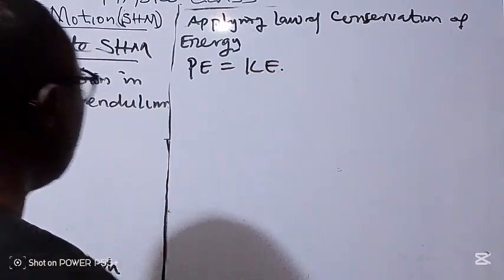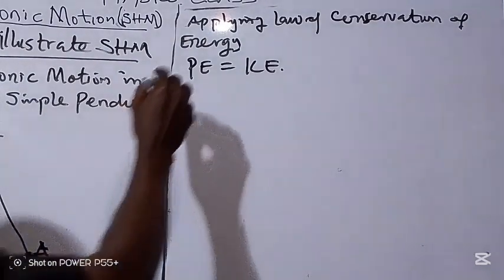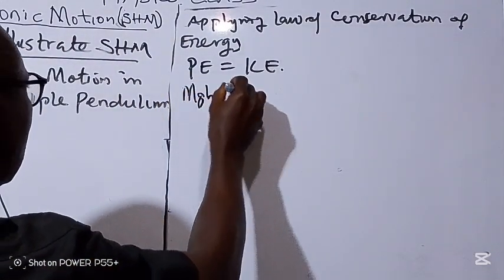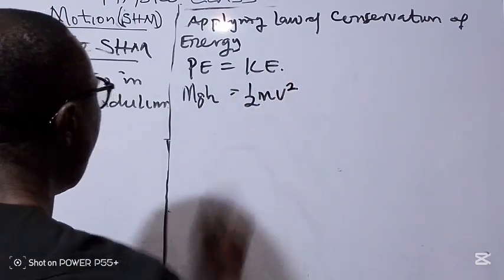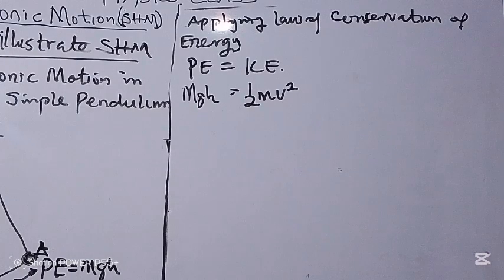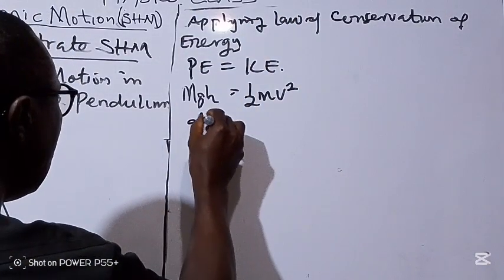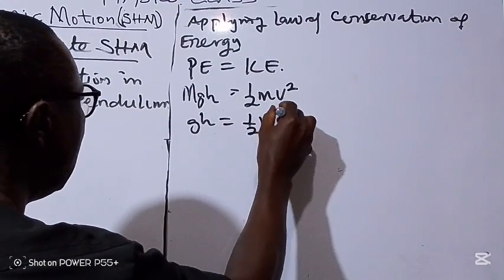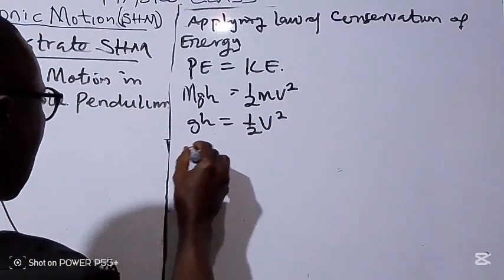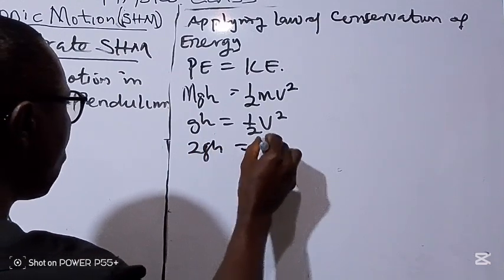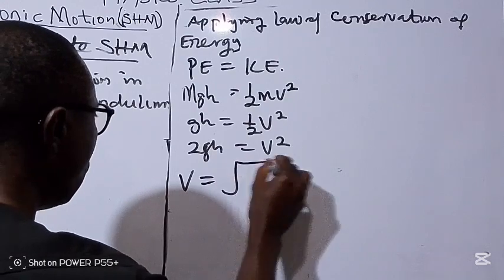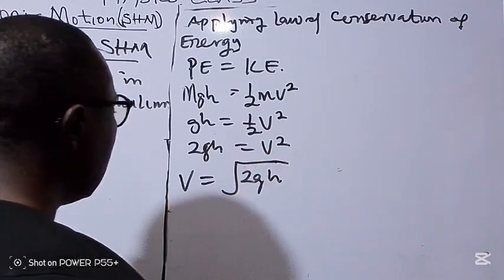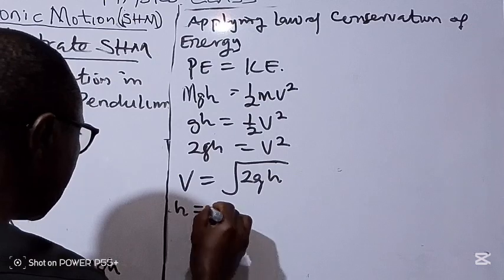Then we have mgh equal to half mv squared. From the equation, m is the same throughout. Then we have gh equal to half v squared. Therefore, this gives us 2gh equal to v squared. So v will be equal to the square root of 2gh. Mind you, our h is equal to x, which is the displacement.